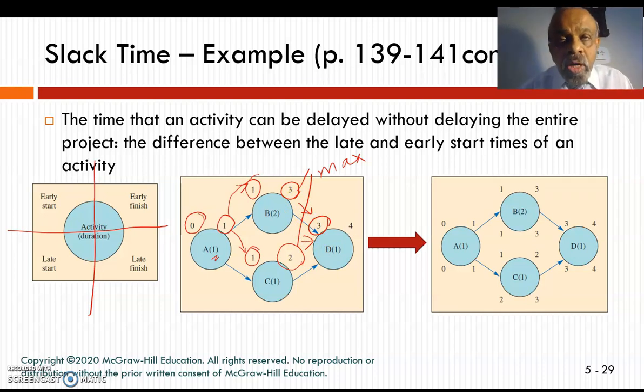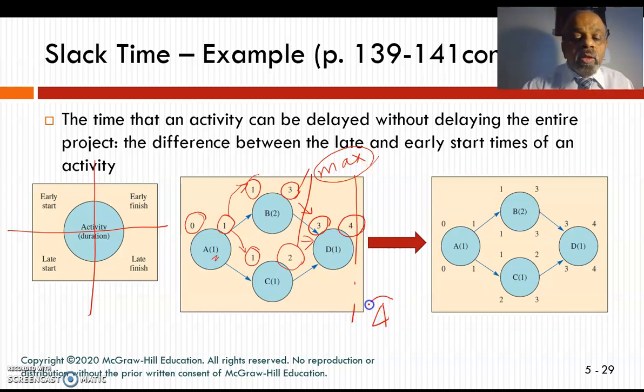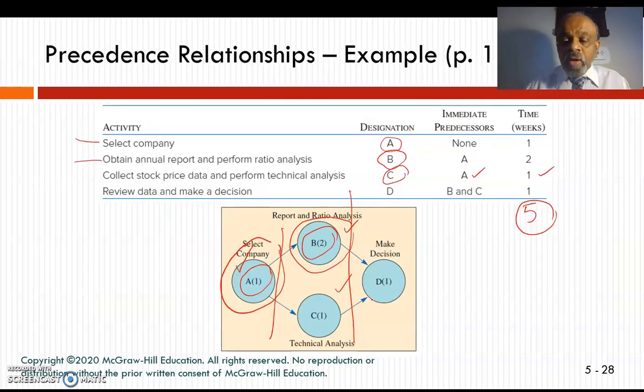When two tasks are merging to become the next activity, I'm going to find the maximum time and I'm going to use that maximum time as my early start, and that is going to be 3. And so it is going to take 4 weeks now. So this project will be completed in 4 weeks. Whereas if I just calculate the time taken, it's going to take 5 weeks.